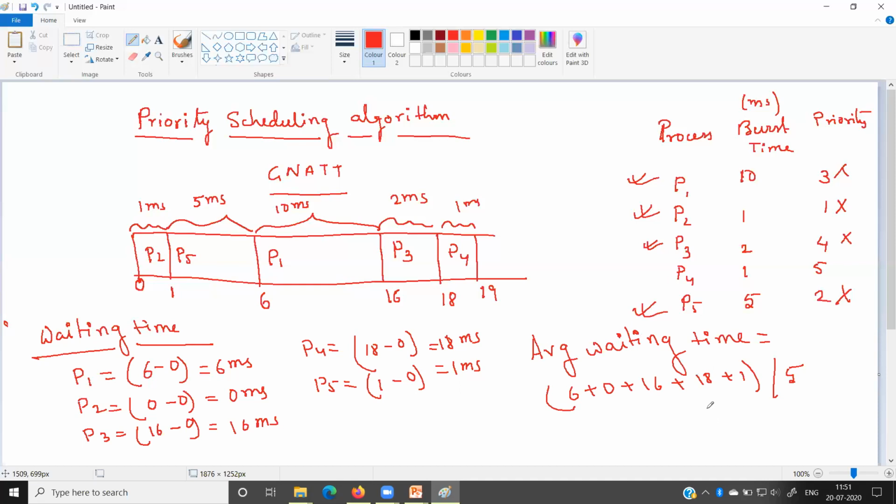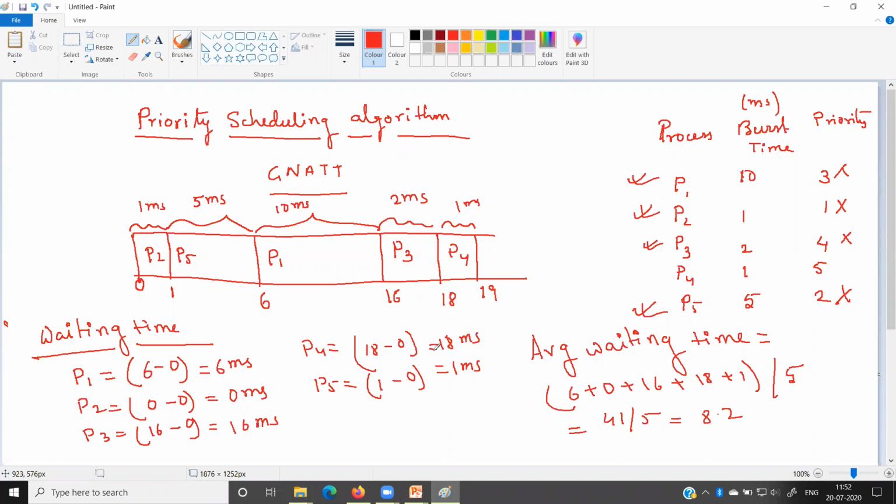That equals 41 divided by 5, which is 8.2 milliseconds.